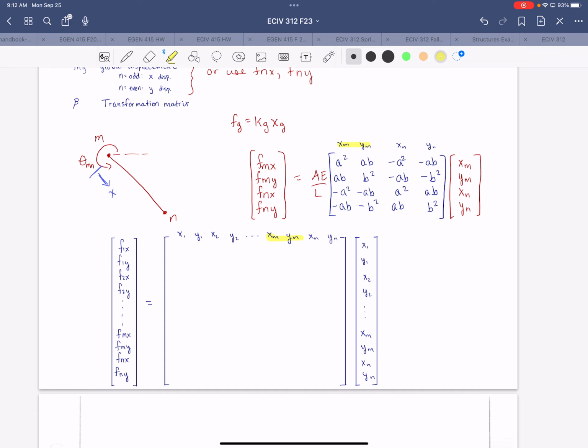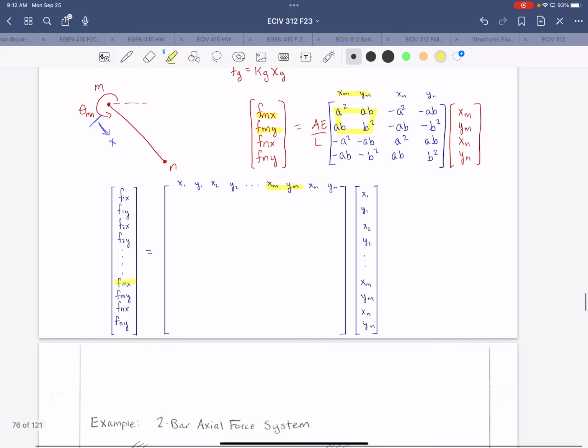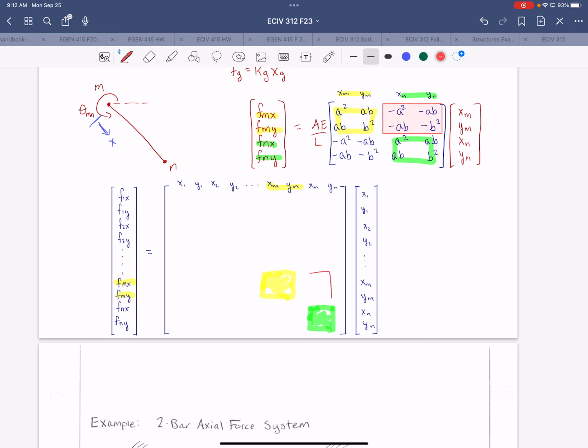So if we had, all right, our node M columns and rows identified, that would go right in there. And then your node N values, all right, would go there. And then you would map these guys here and so on.